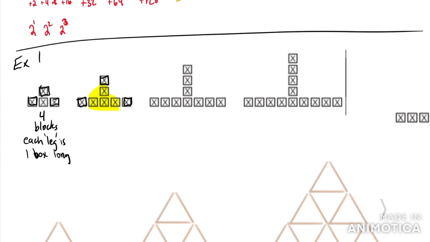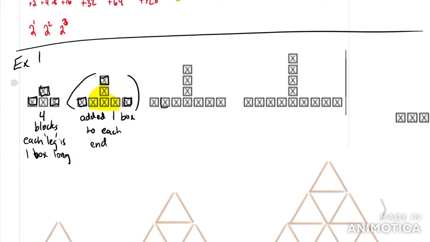So what changed was I added 1 box to each end. Okay, well then now I'm going to look for this shape in my next example. So I'm looking for a T or an upside down T that's 2 long on either side.